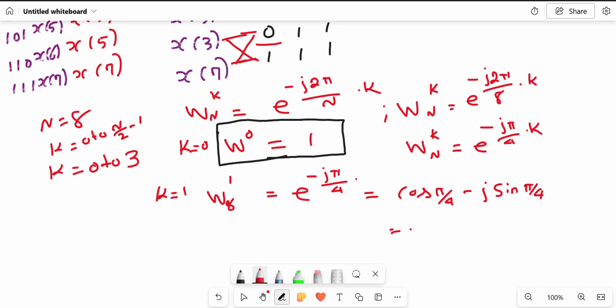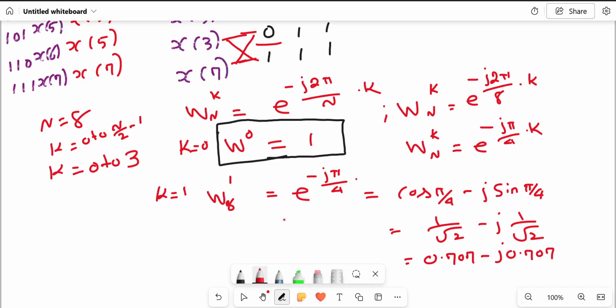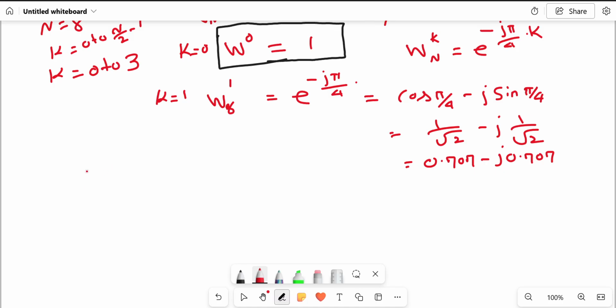This is equal to 1 by root 2 minus j 1 by root 2, so you can write 0.707 minus j 0.707.